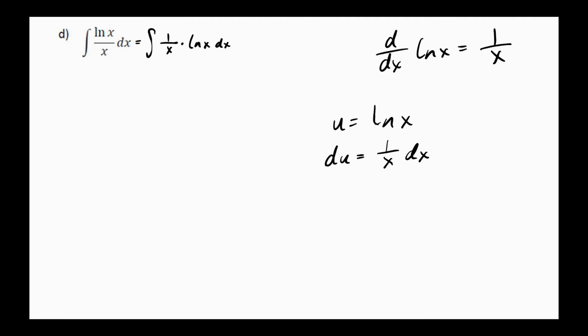Dx, right? And then I solve for dx, right? That's my next step. So 1 over x, or instead of dividing by 1 over x, it's the same as multiplying by x over 1, right?